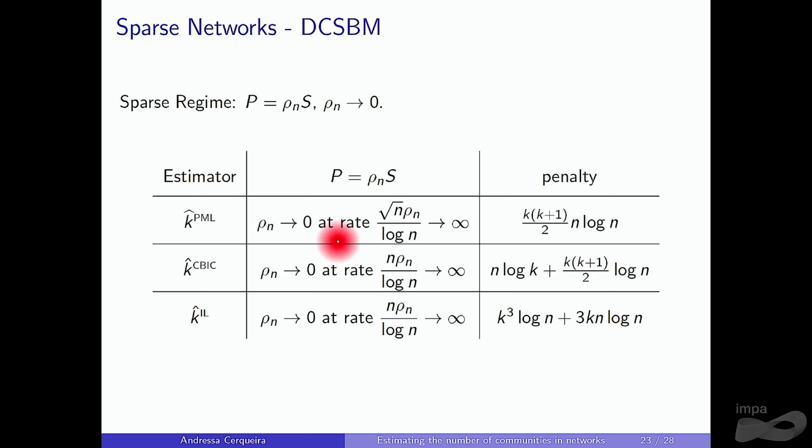But for the penalized maximum likelihood, the bound that they got is something like rho n should be greater than log n divided by square root of n. For the corrected BIC, they still have the same, right? But for the integrated likelihood, now we only need rho n greater than log n divided by n, as n goes to infinity. Right? So in the same regime, it's possible to have exact recovery.